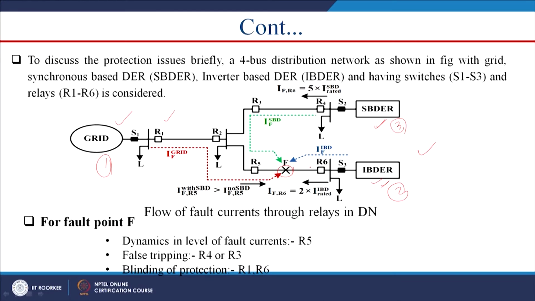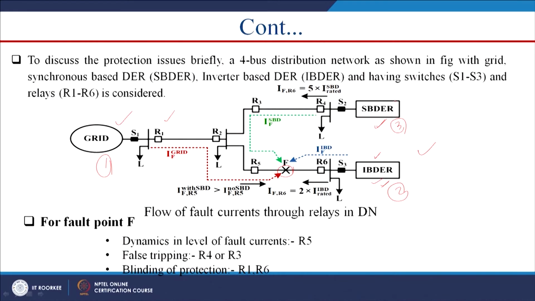Previously we have discussed that synchronous based DER provides 5 times the rated current, and the inverter based DER provides 2 per unit, that means 2 times the rated current, and it clamps due to the presence of electronic parts like IGBTs. It clamps to 2 per unit just for the safety of the inverter; it is a property of the inverter.